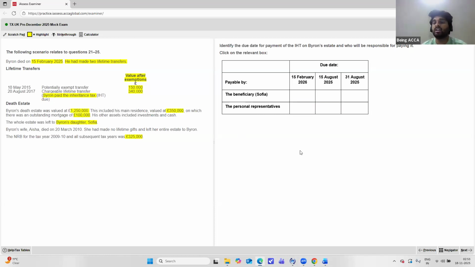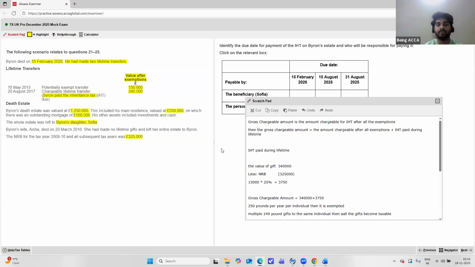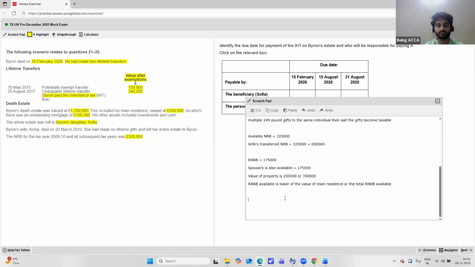Now, the due date for payment of IHT. The due date for payment of IHT is always 6 months after the end of the month of death.